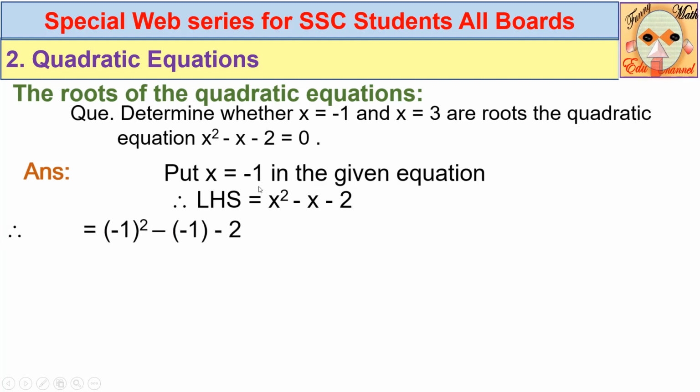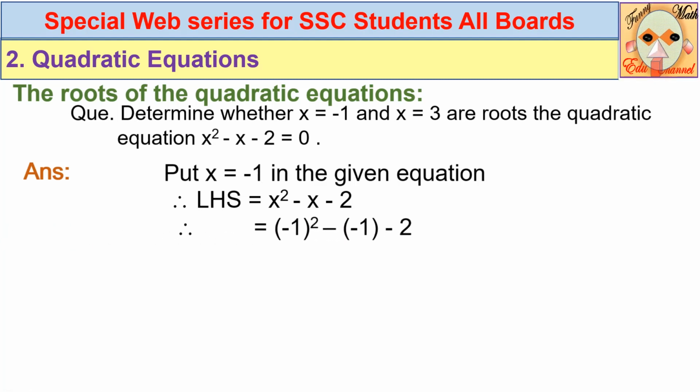So the next step is (minus 1) bracket square minus (minus 1). Now see carefully, this was the minus sign given to us, and here we are substituting minus 1, so there is a need to give the bracket, and so you have your minus 1 bracket completed. Next, minus 2. Now minus 1 square will be plus 1 and this minus minus will be plus 1.